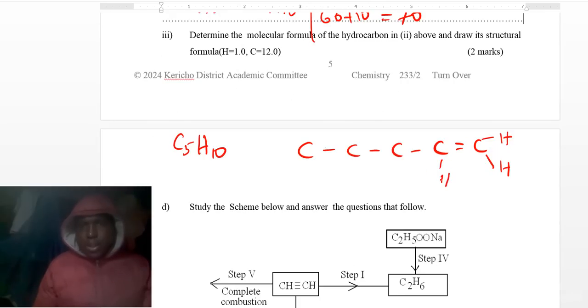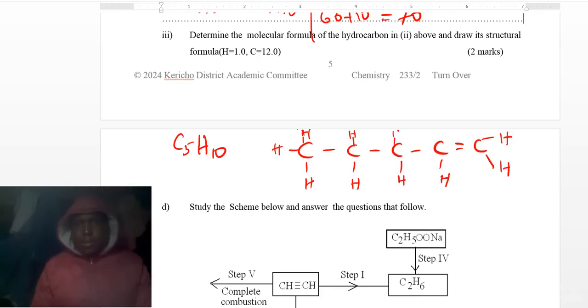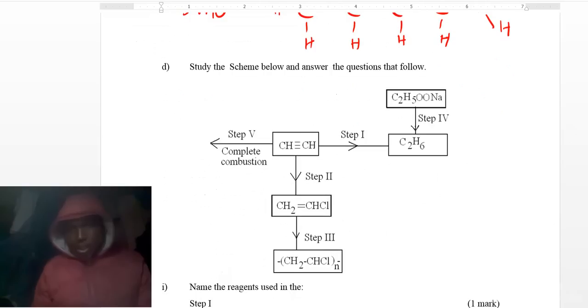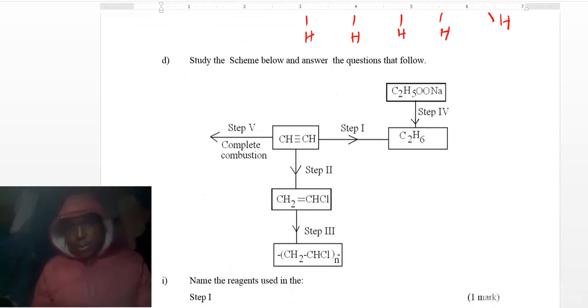Here we will have 1 hydrogen. This is the structural formula for pentene.